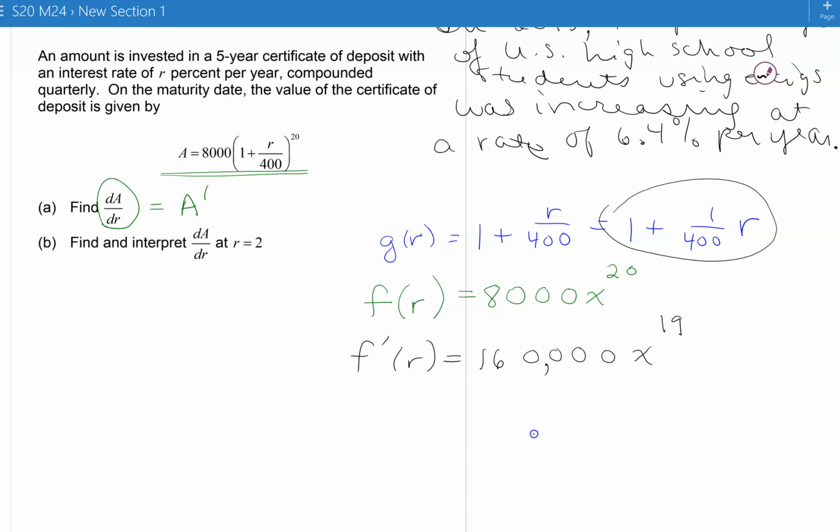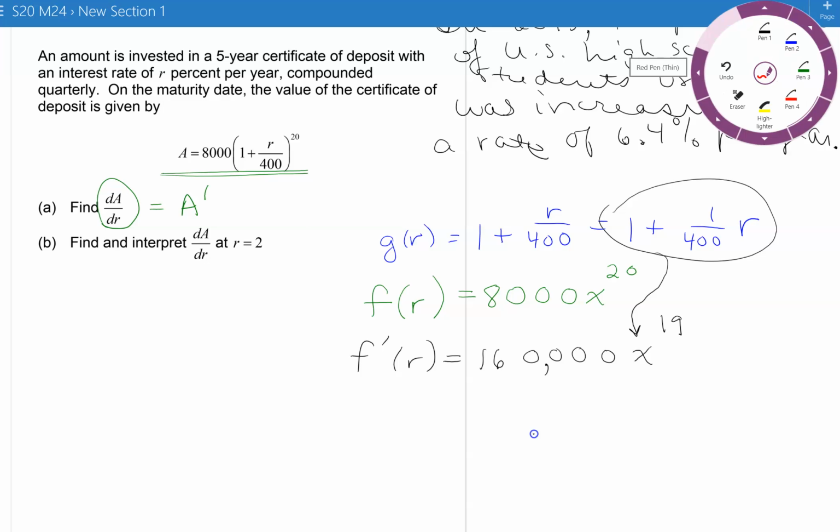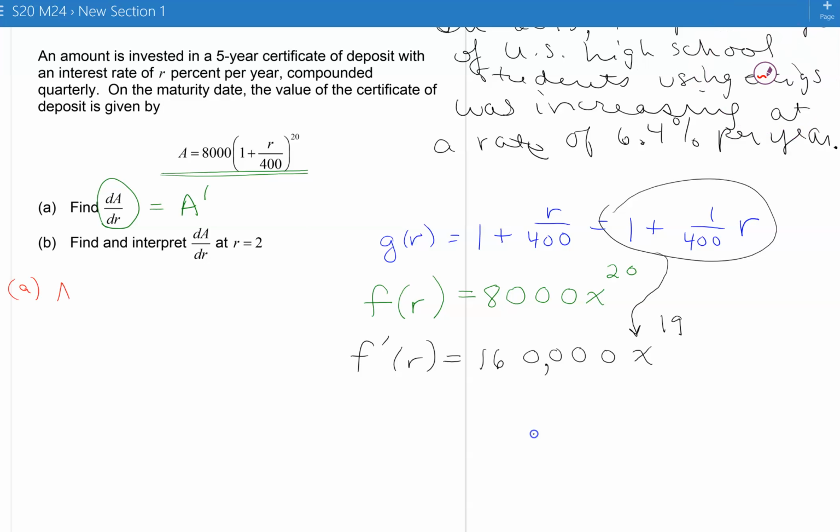And then we're going to take the g function and plug it into the f function to come up with A prime equals 160,000 times 1 plus 1 over 400 r to the power of 19 times the derivative of g, which is 1 over 400.